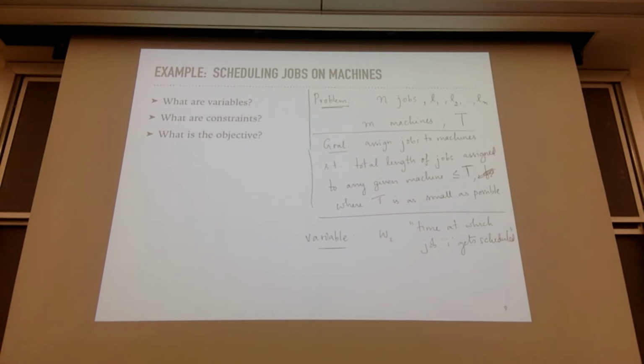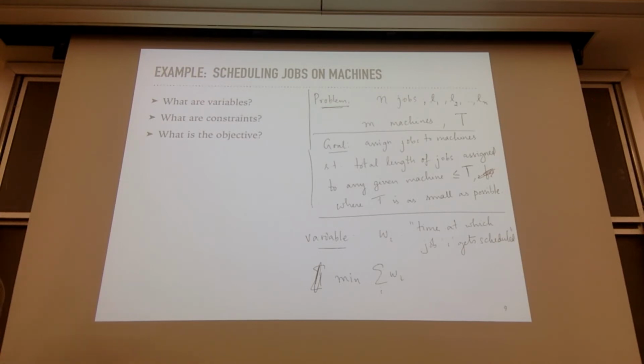Minimize the sum of all the wait times for all the jobs. Why would that capture the objective that you want? So you're going to minimize the sum over I of W of I.